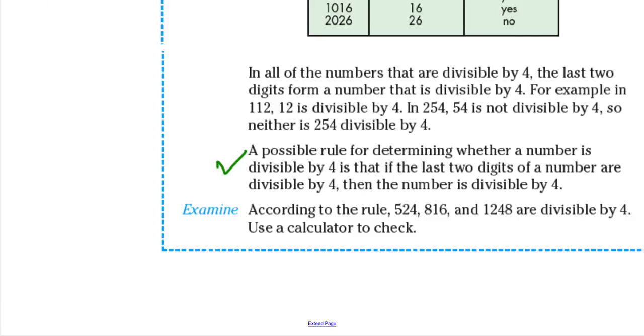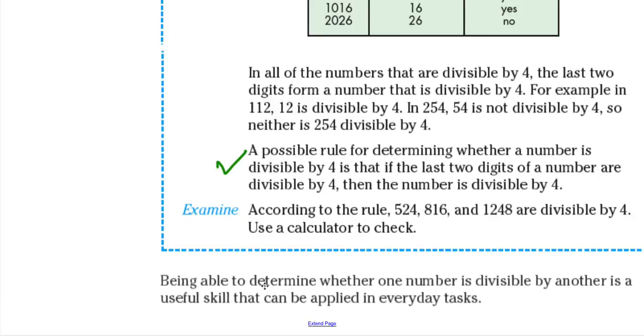Okay, and being able to determine whether a number is divisible by another number is a useful skill that can be applied in everyday tasks. Okay, let's take a look at example 3 and see how that works.